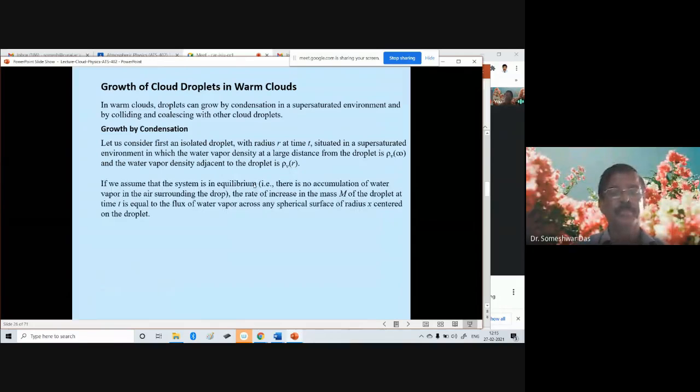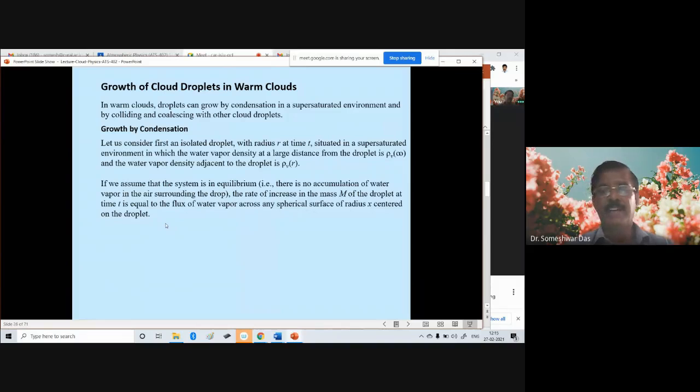If we assume that the system is in equilibrium, that is, there is no accumulation of water vapor in the air surrounding the drop, the rate of increase in the mass m of the droplet at a time t is equal to the flux of water vapor across any spherical surface of radius x centered on the droplet.